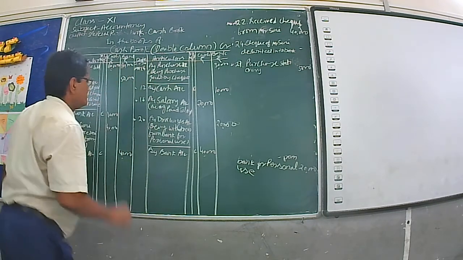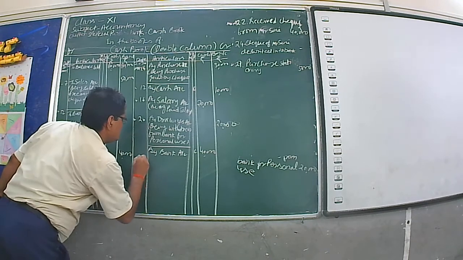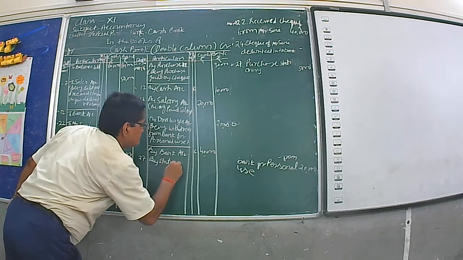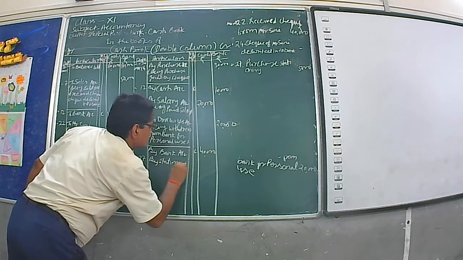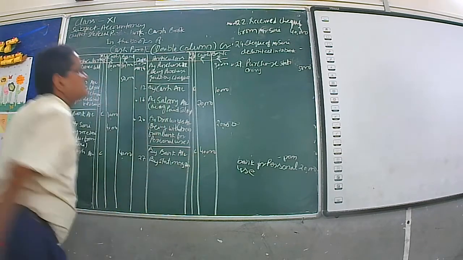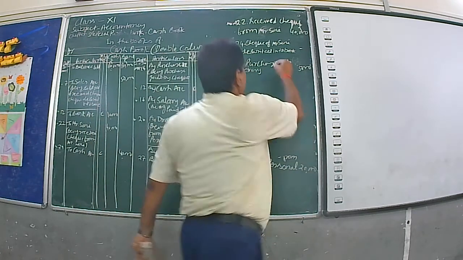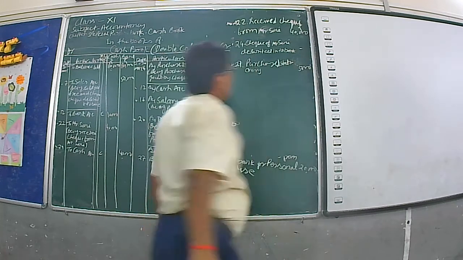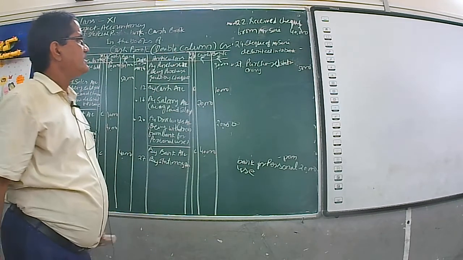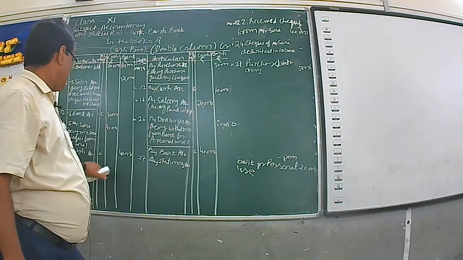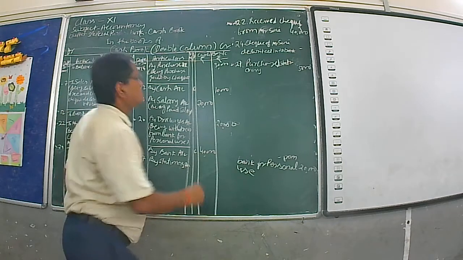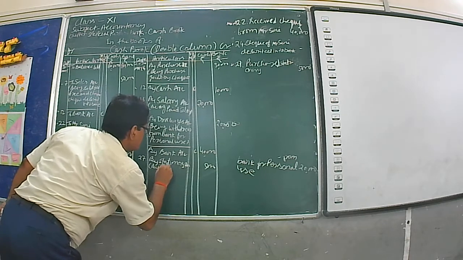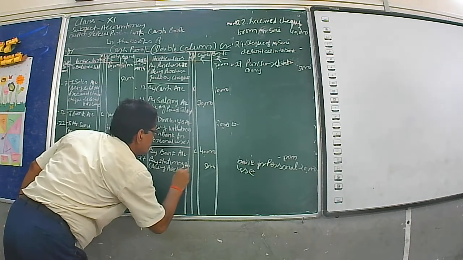So entry for this one, 27th March, by stationery account, because purchased stationery. General entry will be stationery account debit to cash. That's why it is noted that by stationery account amount will be 5,000 in cash column, narration being purchase stationery.